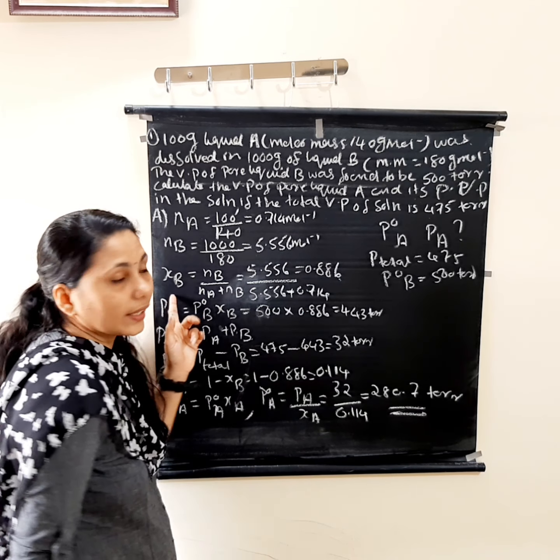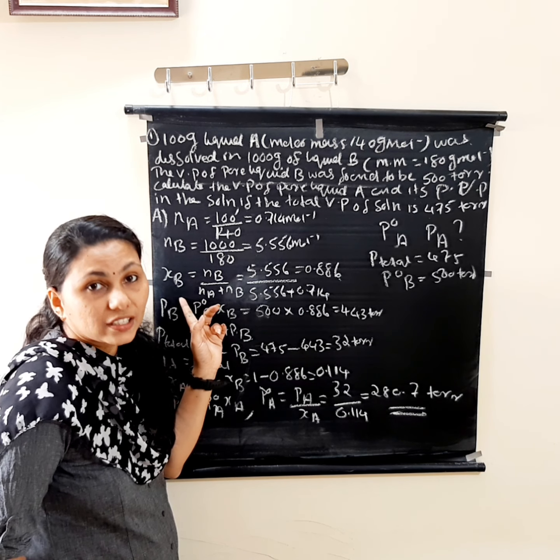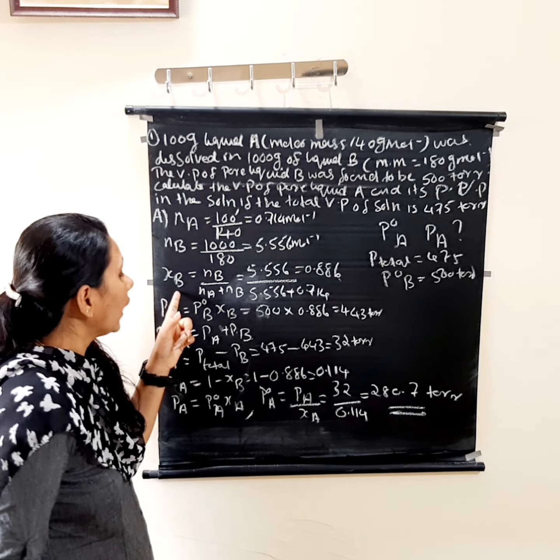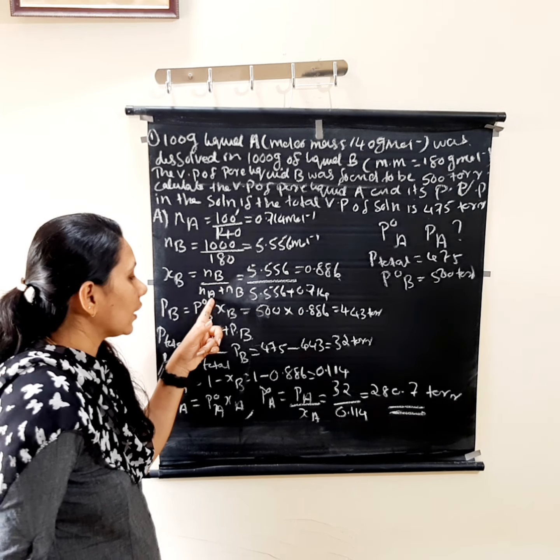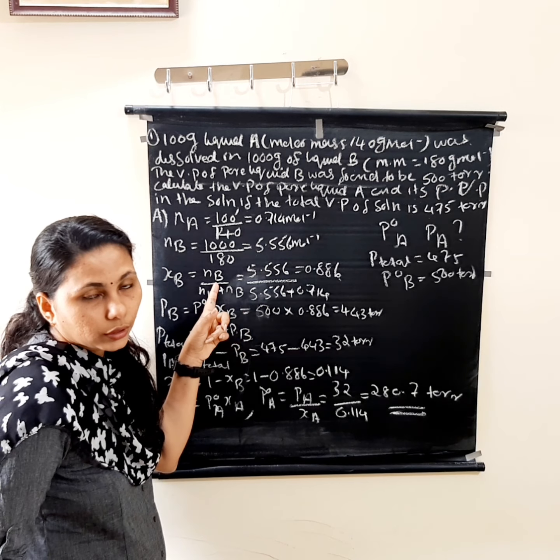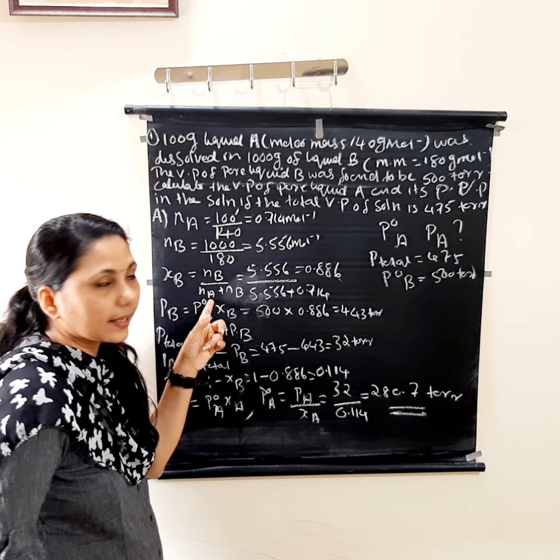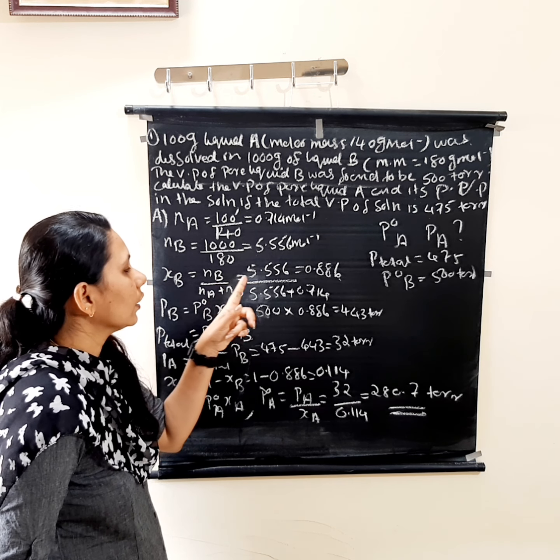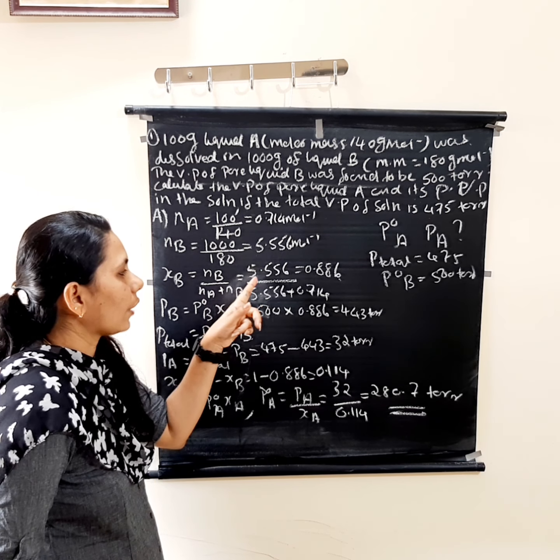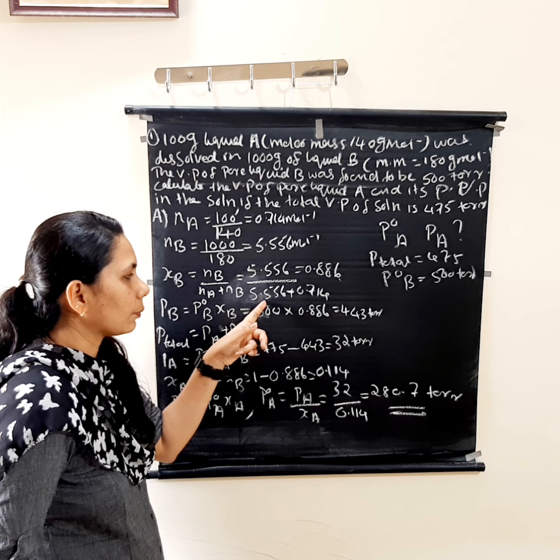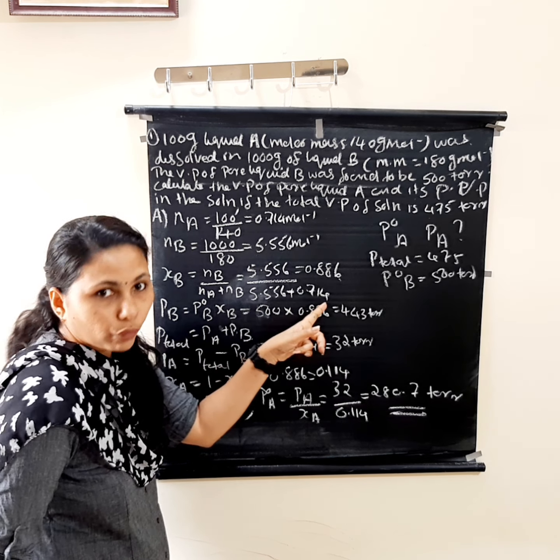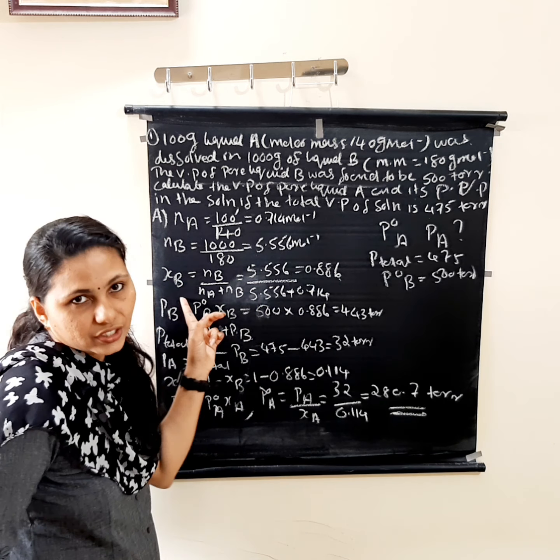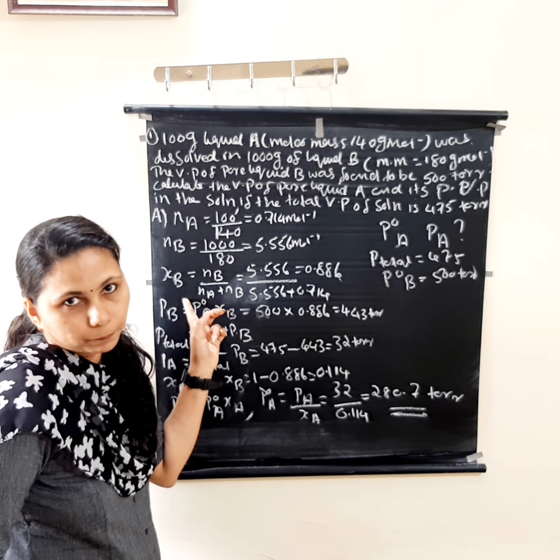Now we will calculate the mole fraction of liquid B. XB equal to NB divided by NA plus NB. Substituting, 5.556 divided by 5.556 plus 0.714 equal to 0.886, which is the mole fraction of B, that is XB.